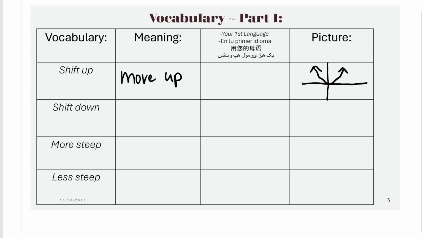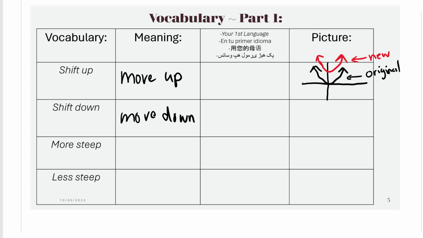That's the original graph, and that's the new graph. The graph shifted up, so the graph moved up. The next vocabulary word is shift down. This means move down.